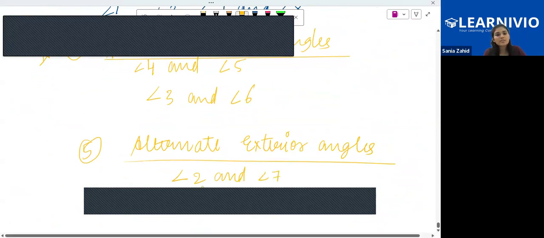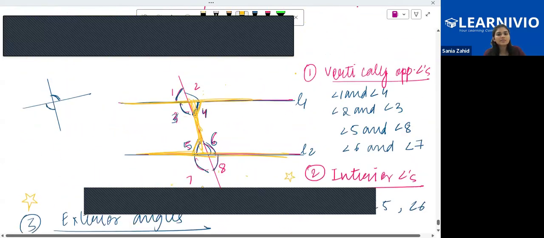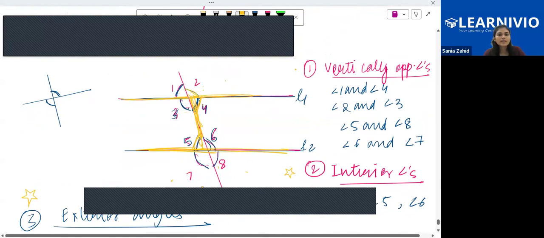And the other pair is angle 1 and angle 8. Look at these pairs, 2 and 7, 1 and 8. These are alternate exterior pairs. Do you understand it in here?